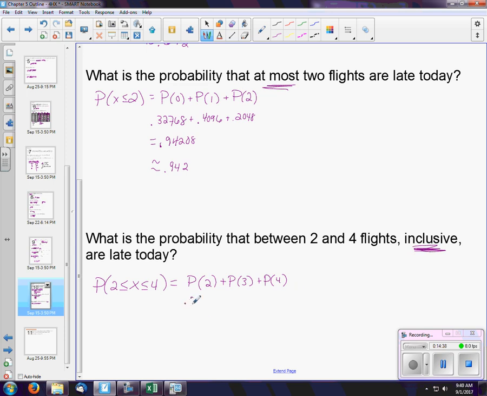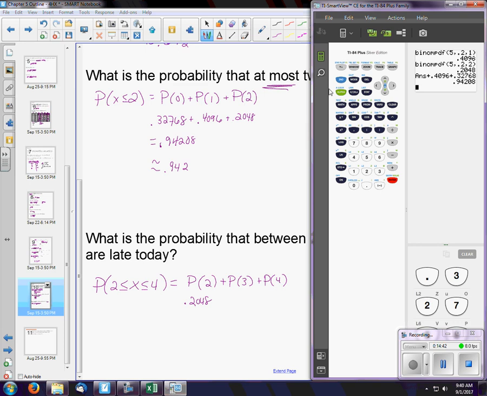So you get 0.2048, and then we have, let's do our binom function again. This time x is equal to 3, because we already have 2. And we're going to repeat that also for 4.